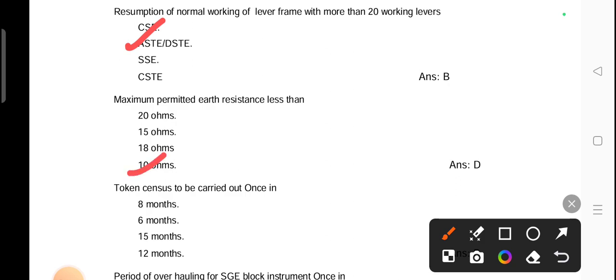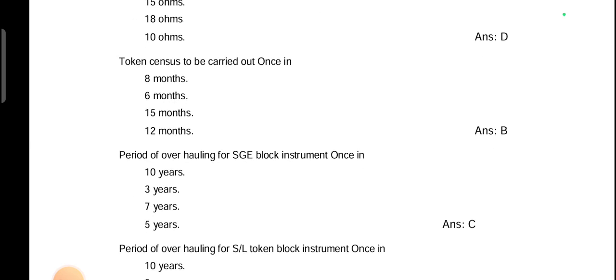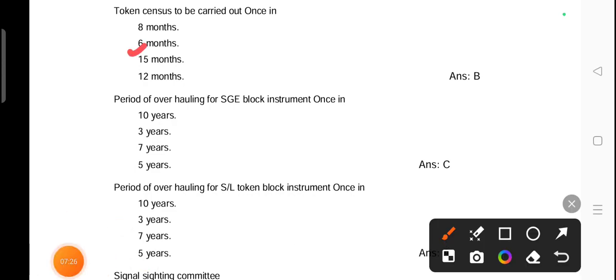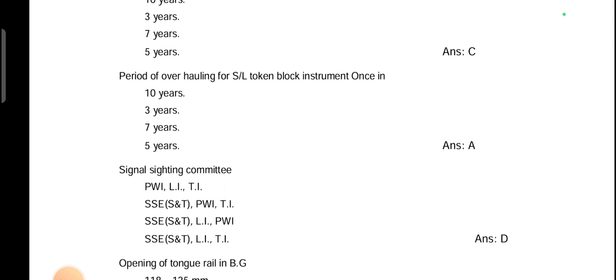Next, token census to be carried out once in 6 months. Period of overhauling for SG block instrument: once in 7 years. Next, period of overhauling for SL single line token block instrument: once in 10 years.